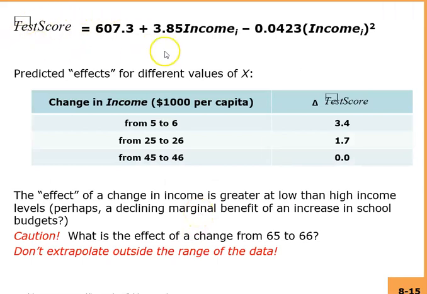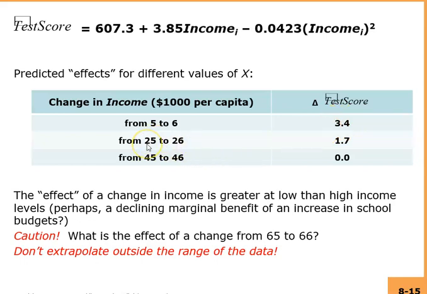Now, given this equation that we estimated for the predicted test scores, let's see what the change would be from 5,000 to 6,000. We already calculated that. When the income changes from $5,000 per capita to $6,000 per capita, the change in test score will be 3.4 points.